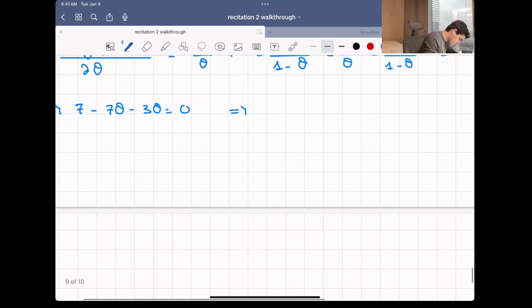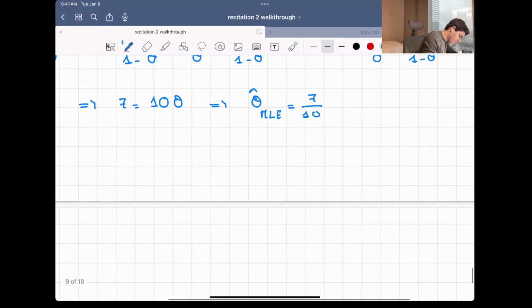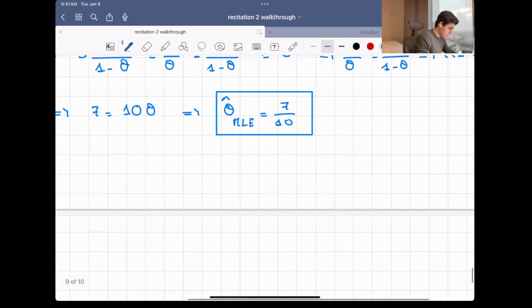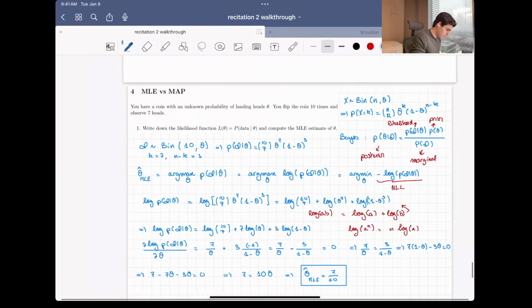This implies 7 equals 10 theta, which gives us our final answer: theta MLE is equal to 7 over 10. Perfect, so that's our MLE estimate.